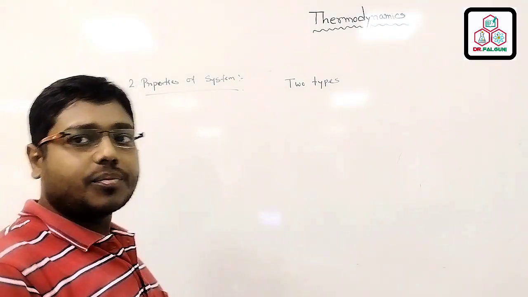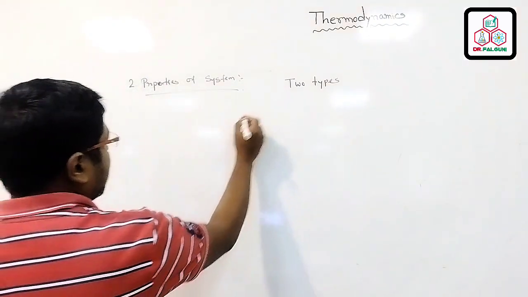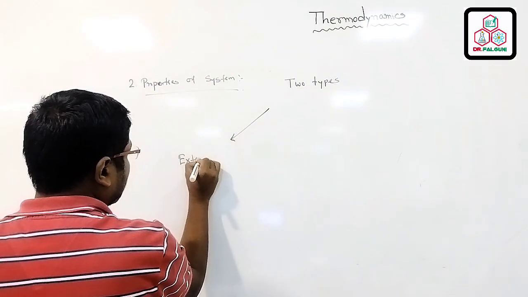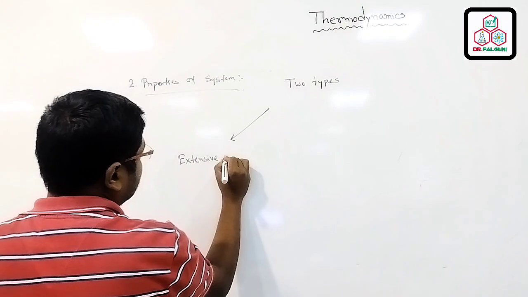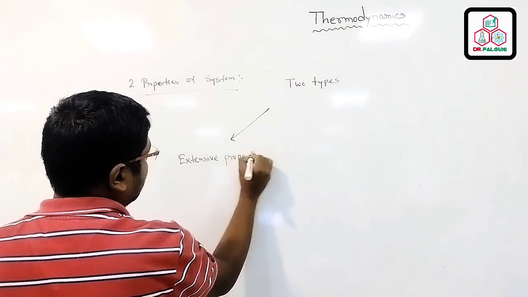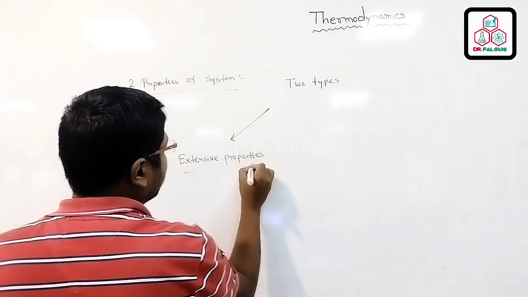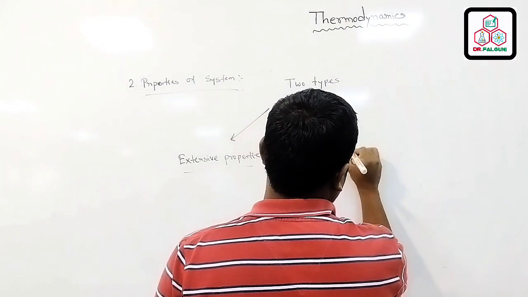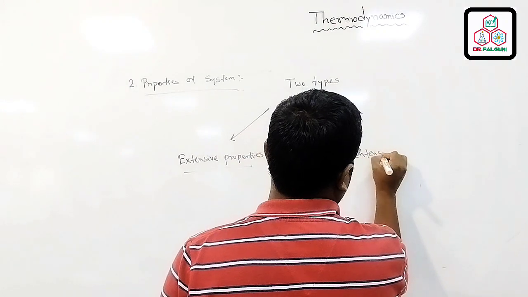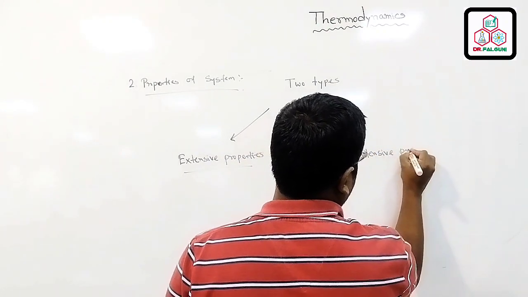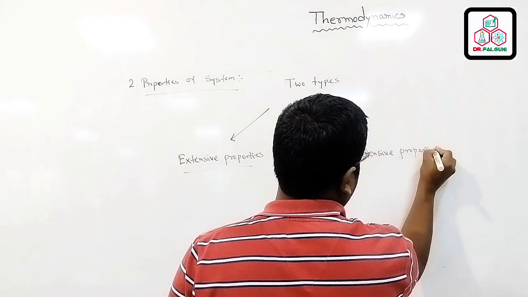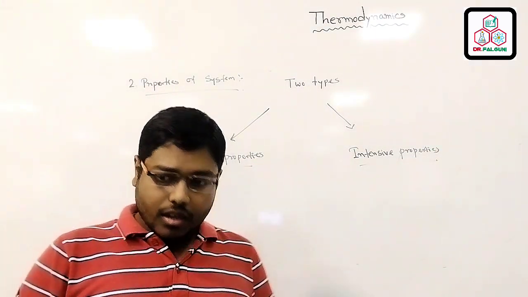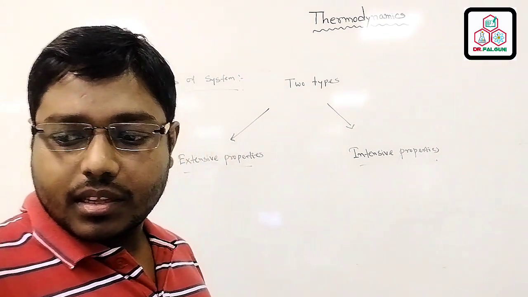Properties of system are classified as extensive properties, and second is intensive property. So what is the extensive property?